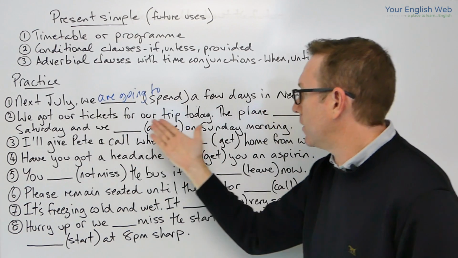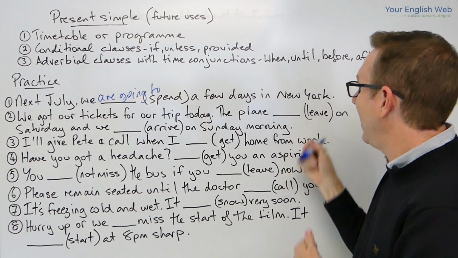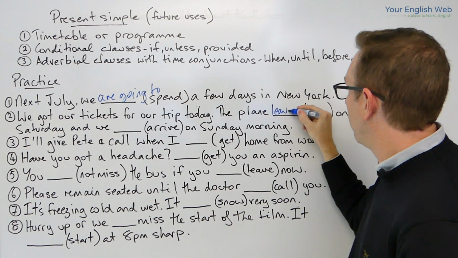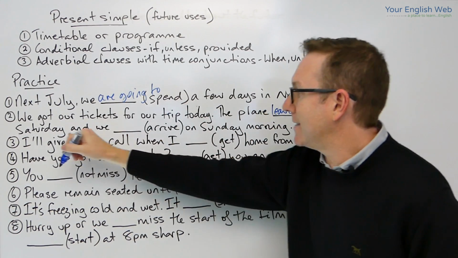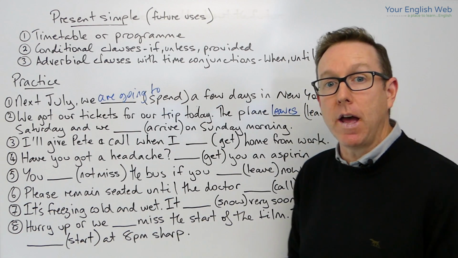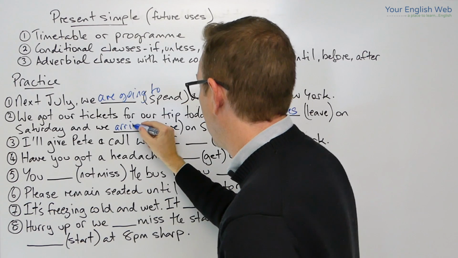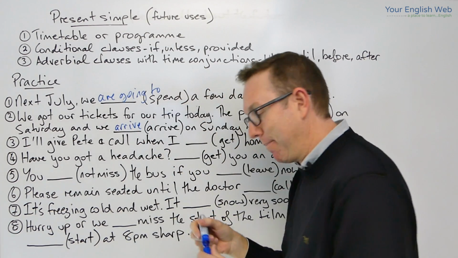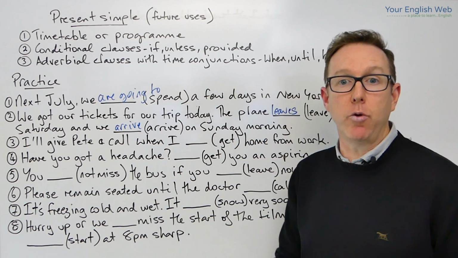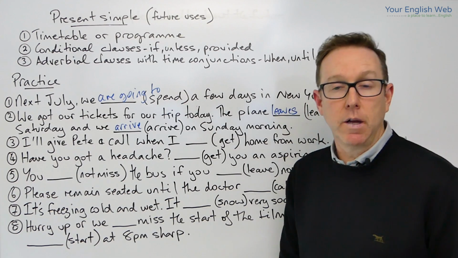So we got our tickets for our trip today. The plane leaves on Saturday and we arrive on Sunday morning. Now, it's very common if you book a trip with a travel agent.